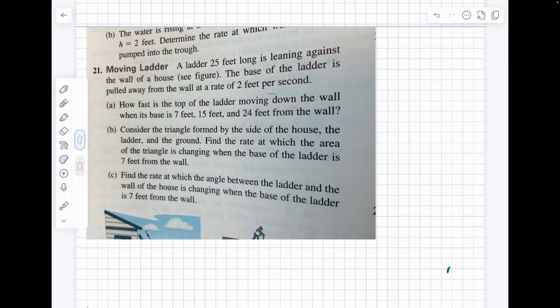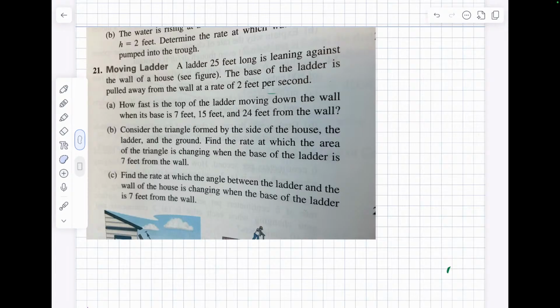Yeah, exactly. How tall is the house? It's tall enough.